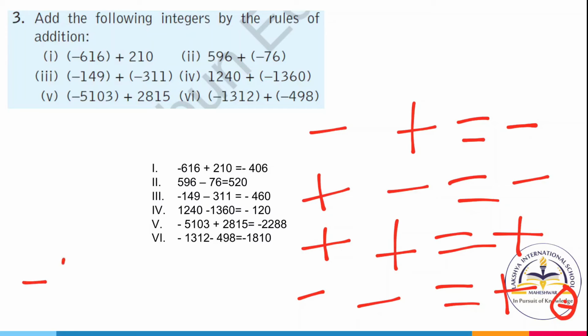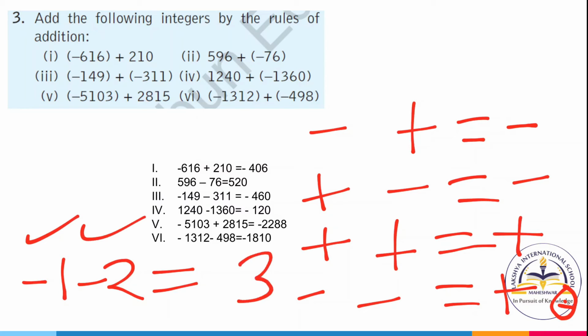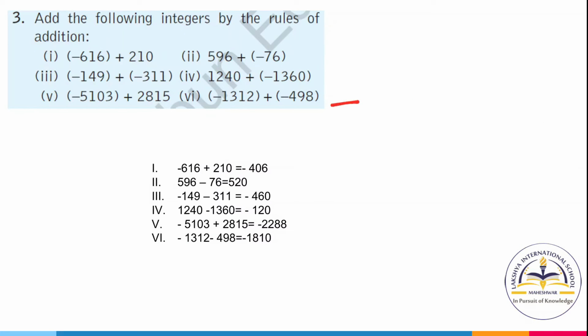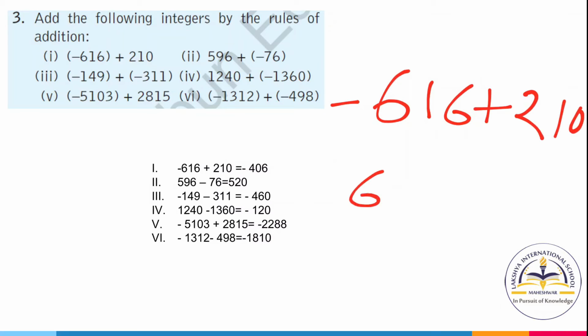Suppose a question will be minus 616, minus 210. Here minus sign, minus that is plus, and 3 will be of negative sign. Now here 616 plus 210, so minus 616 plus 210, so 616 and 210.